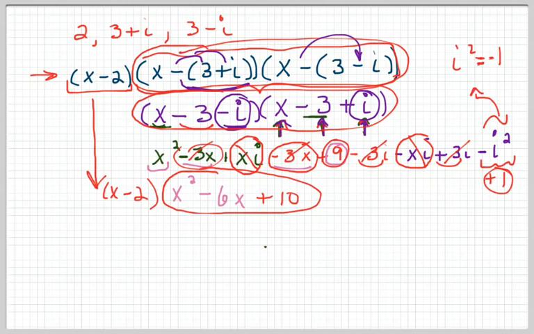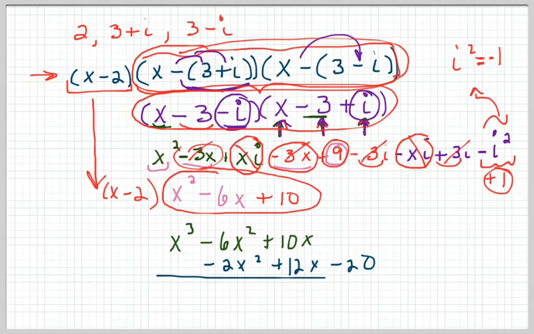And then the final step in this process is I haven't even messed with the x minus 2 yet. Remember, that just comes down. That has to be distributed to everybody. So we're distributing x. I get x cubed minus 6x squared plus 10x. Distributing the negative 2, I get negative 2x squared plus 12x minus 20.